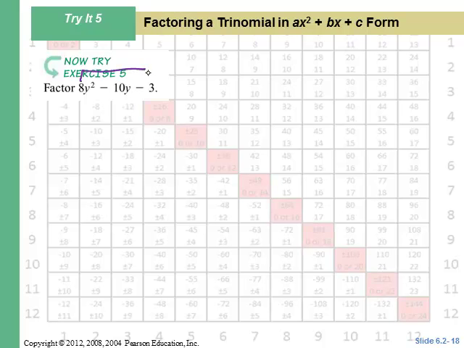Okay, 8 and 3 is negative 24 and 10 apart. Negative 24, 10 apart is right there. So we use that to split this middle term. 8y squared minus 10y minus 3.